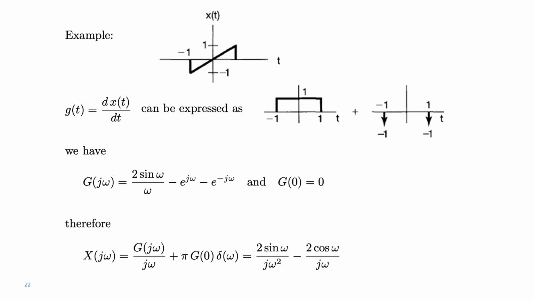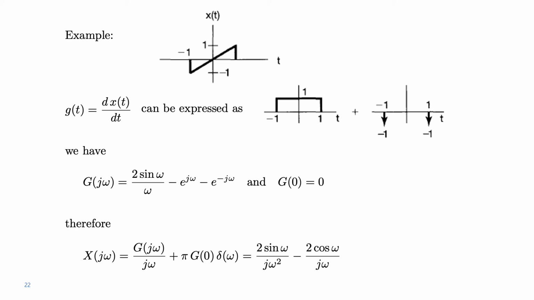Therefore, let's calculate the Fourier transform for g of j omega. It's going to be the sum of the Fourier transform of our rectangular signal, which is a sinc. It's 2 sine of omega over omega. We've seen this before, and if you don't recall it, I encourage you to watch one of the previous classes. Plus the Fourier transform of the two impulses. How do we calculate that? Well, there are several ways.